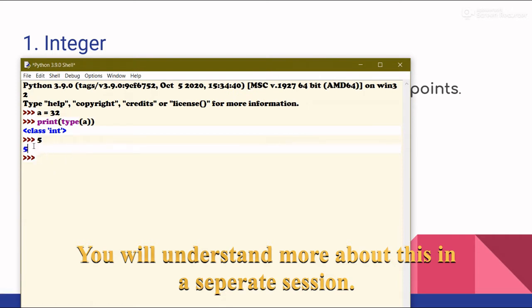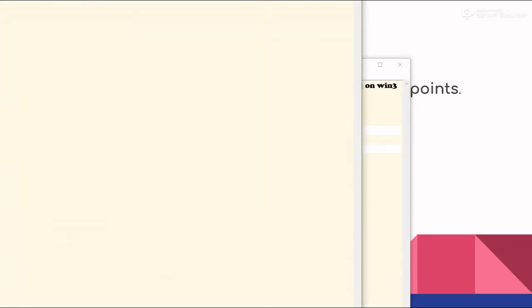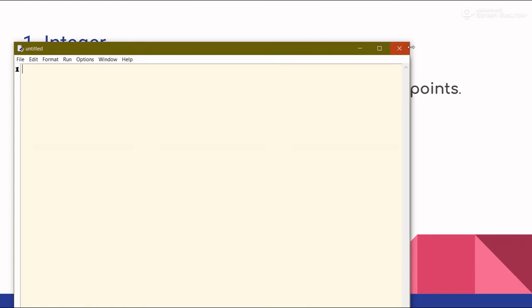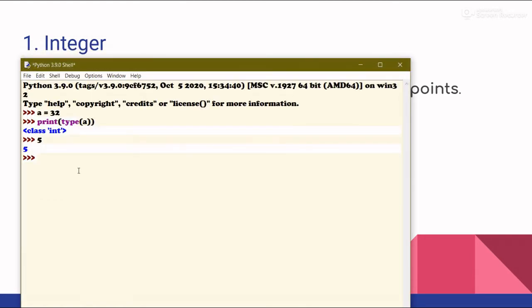This thing is only possible in interactive mode, so it's not possible in the script mode where we would be writing actual programs. So it's a good practice to use the print function, although for testing purposes, like let's say we have to check the type of a, we don't need to say print and then inside of this type. We can just say type a and it will display this thing. So for testing purposes, we can just use this method without using the print function.